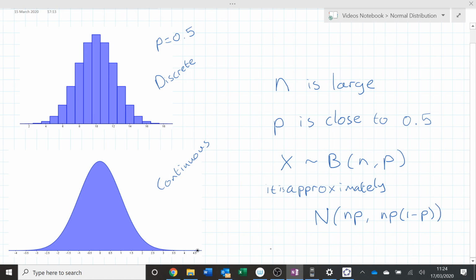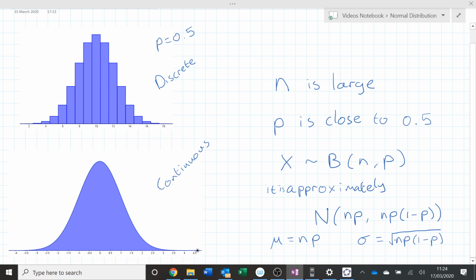Just to be clear, mu is np and the variance is npq or np(1 minus p), and the standard deviation is the square root of that, depending on whether you talk about q being 1 minus p, the probability of failure.